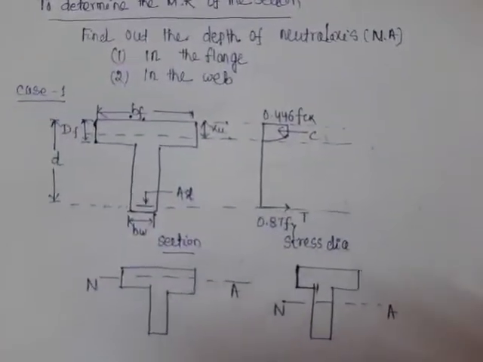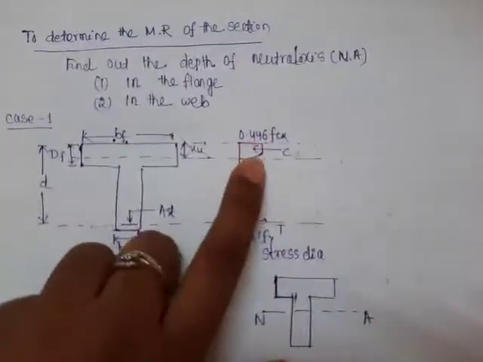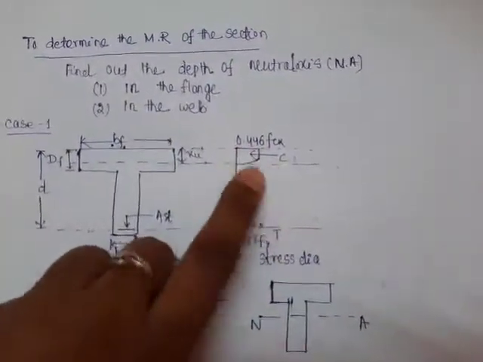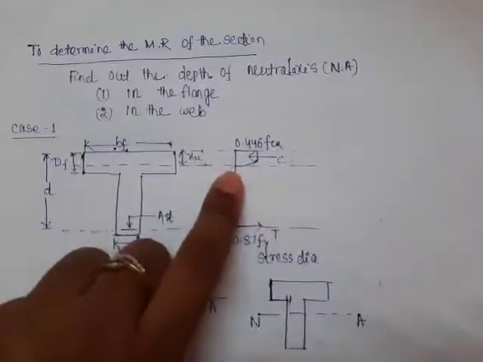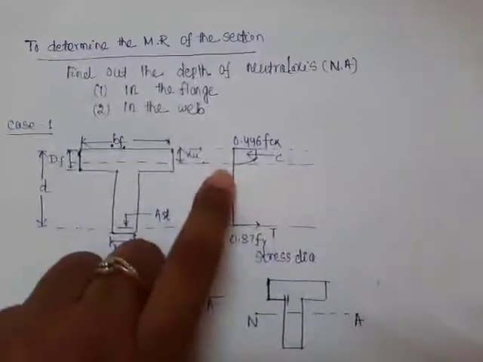So see what happens when the neutral axis lies in the flange. The whole stress block will lie inside the flange.